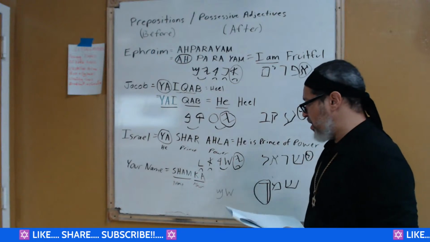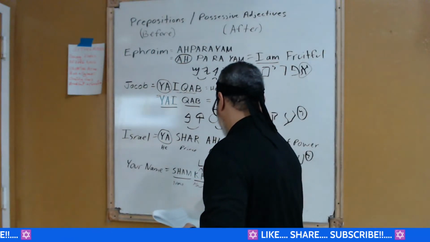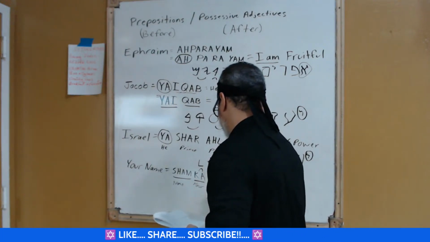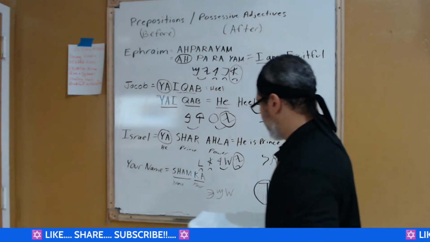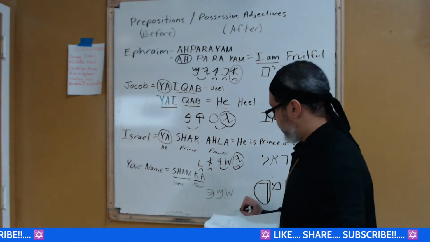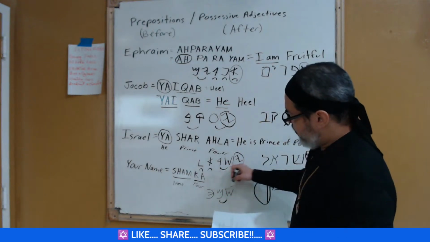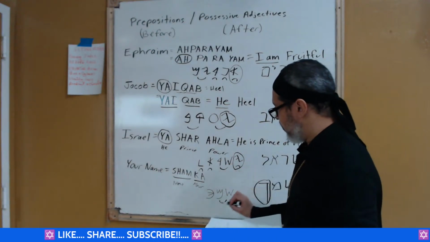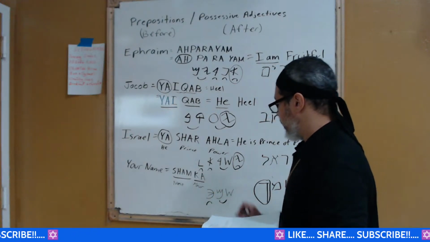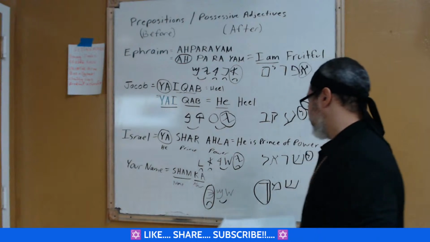Then we add the ka at the end. And we know this is sham. So that's one syllable. And the ka is on its own. And that ka is the your.